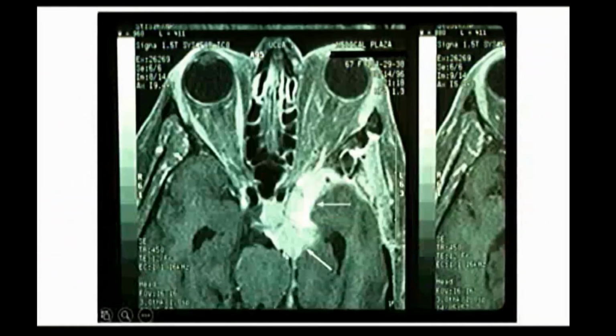You went ahead and did a CT of the patient, MRI for the patient. This is what you see. This is your finding. So what is the finding that you see in this MRI? And how do you link this to the clinical findings?